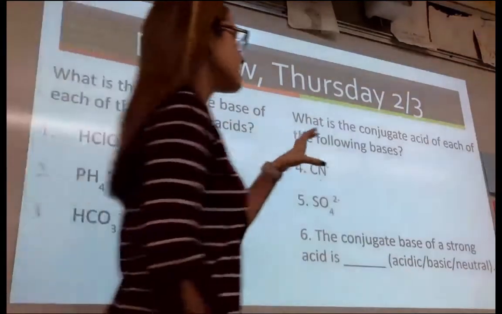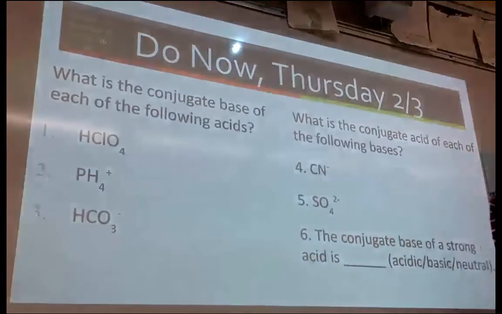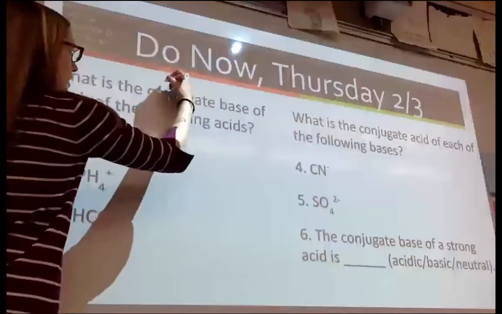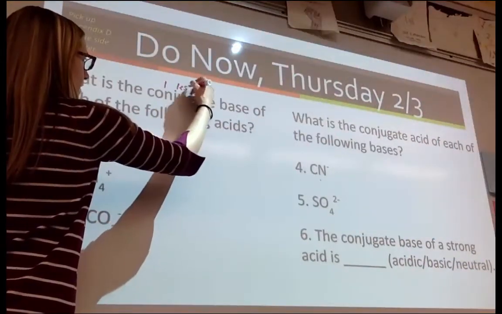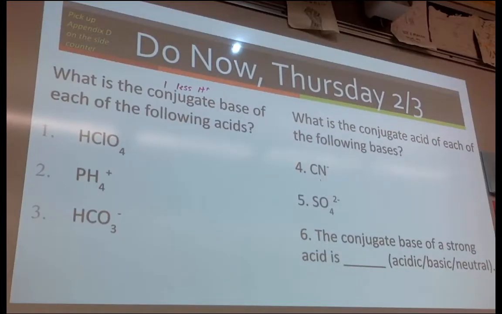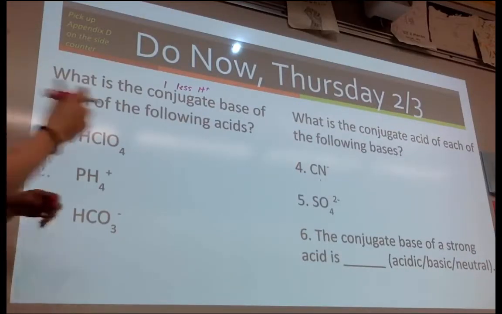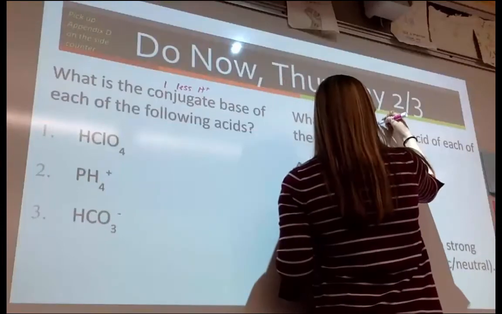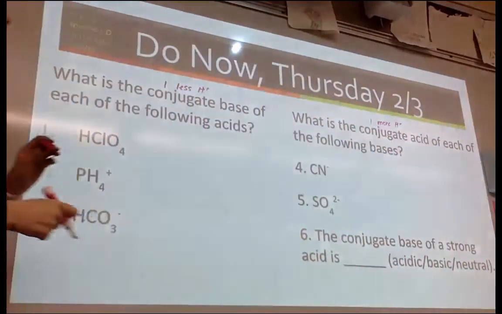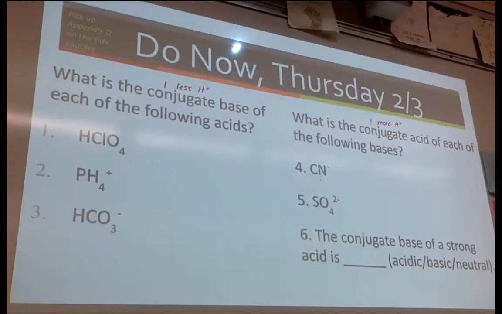4 and 5 are asking about the conjugate acids of these bases. So for 1, 2, and 3, the conjugate base, remember that the base will have one less proton, one less H+. The conjugate acid will have one more H+. So when you're looking at the base, remember the base should have one less hydrogen.